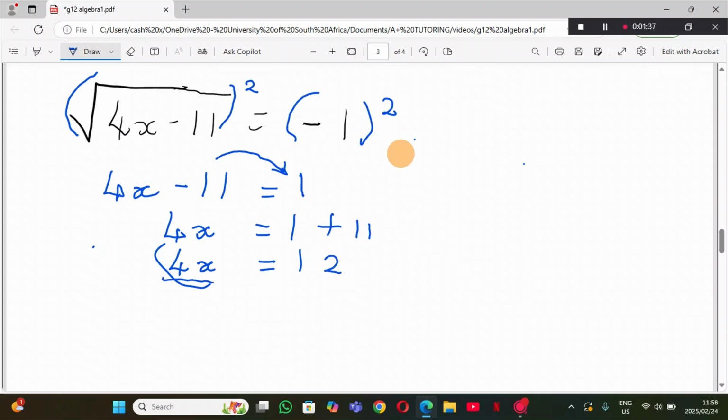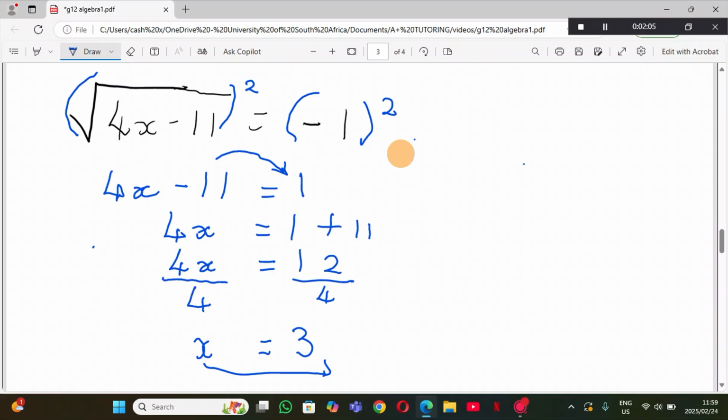So I'm now going to divorce these two because x is married to 4 and I only want to know what x is. X has to be living alone at this point. So I'm going to divorce the 4 by dividing. Now when I divide by the number, I get rid of it, meaning I now have just x. And then 12 divided by 4 will give me 3. And that will be my answer.